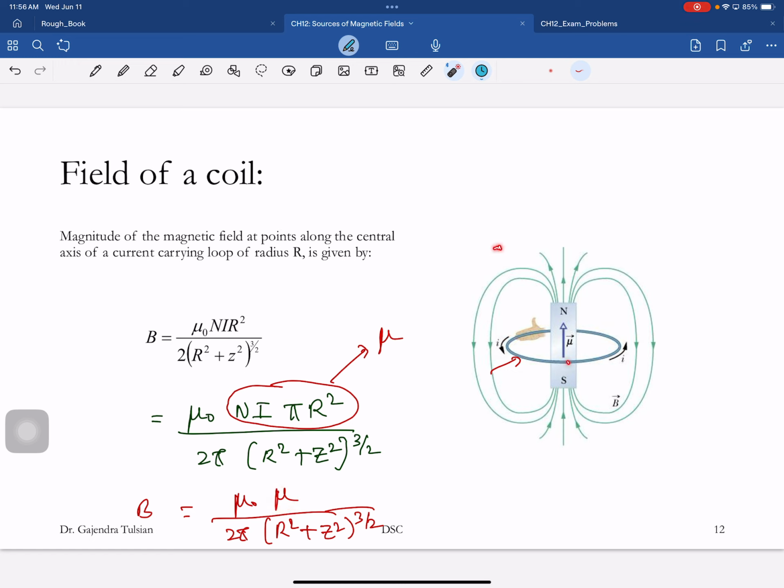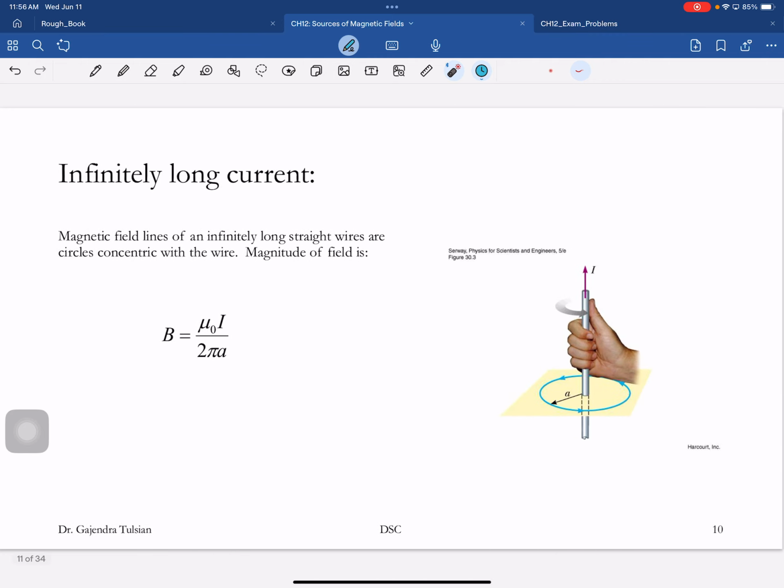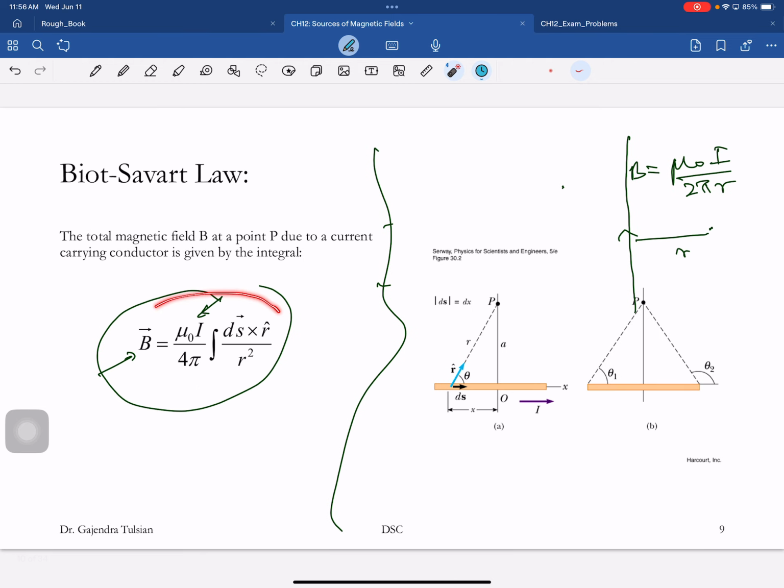Well, what if you wanted the field at this point, at a non-axial point? Yeah, you're out of luck. So what does that mean? That means this integral is hard to do. Okay? You can only do that for very, very symmetric situations and very specific locations.